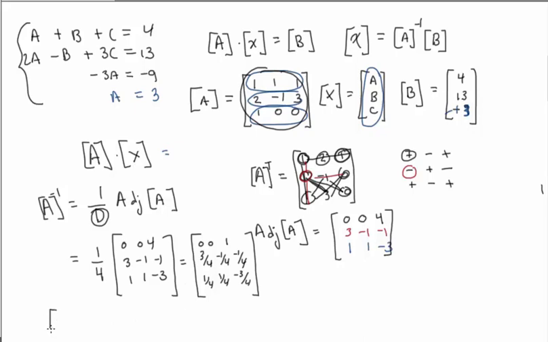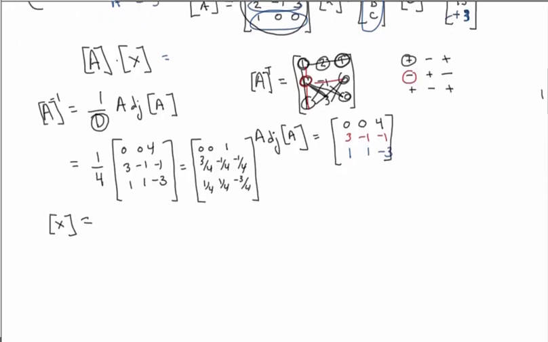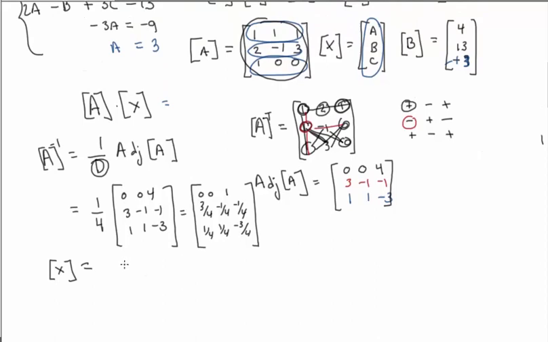So, matrix X, sorry, let me scroll down here a bit. So, matrix X is going to equal the inverse of A like here times the, so what I call, I don't know what I call it, 4, 13, positive 3.